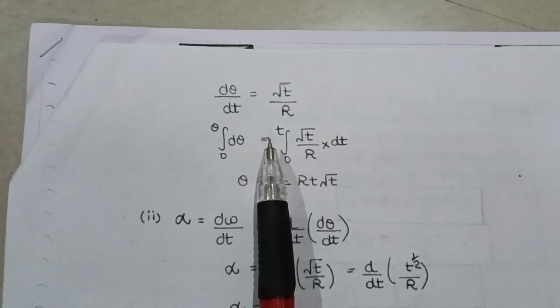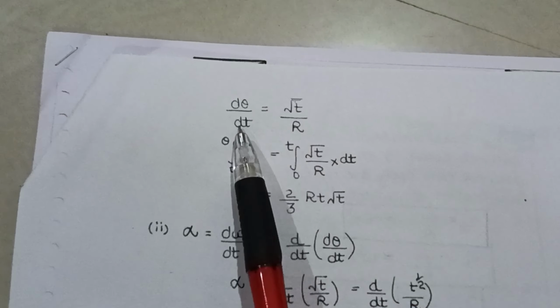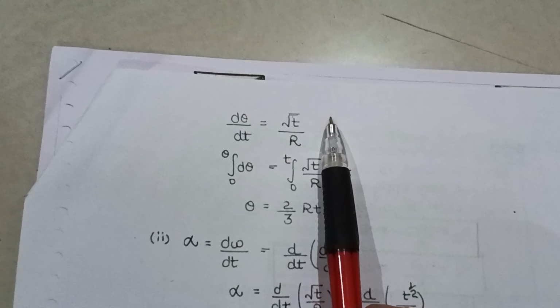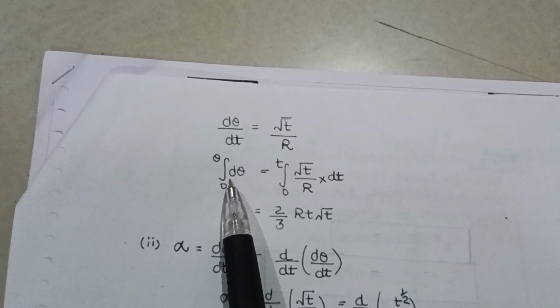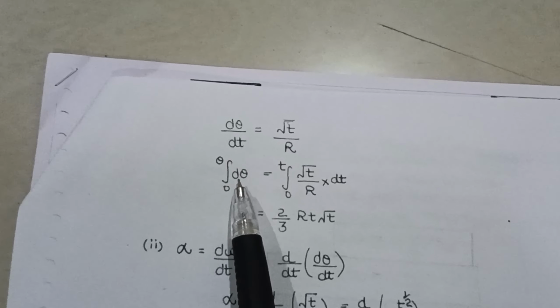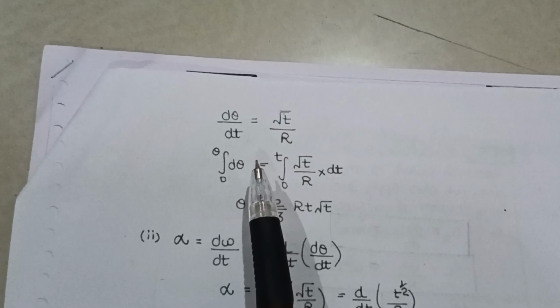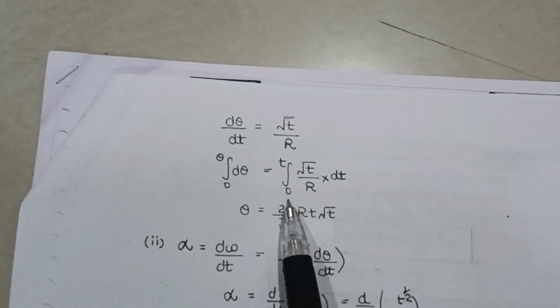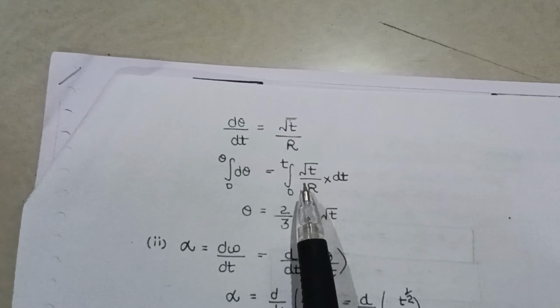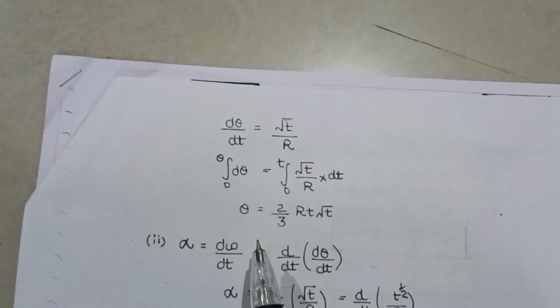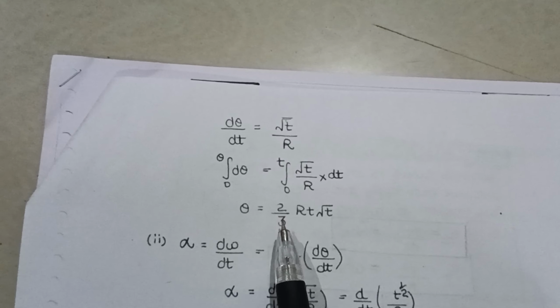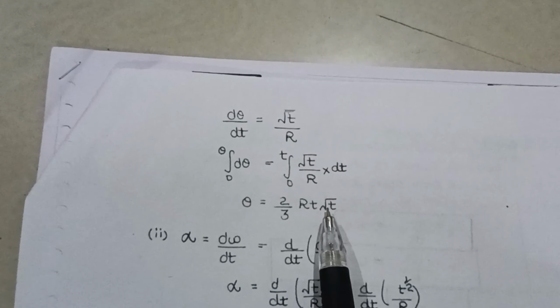Now, by shifting dt to the right hand side, we can integrate on both sides. Integrating d theta from 0 to theta on the left hand side, and integrating under root t by r on the right hand side from 0 to t, we get theta is equal to 2 by 3r, t into under root of t.